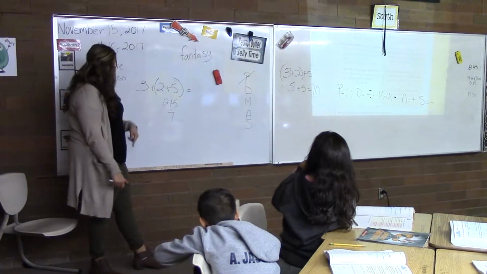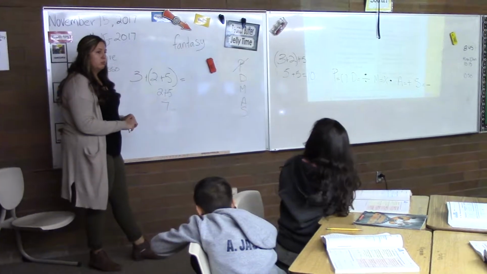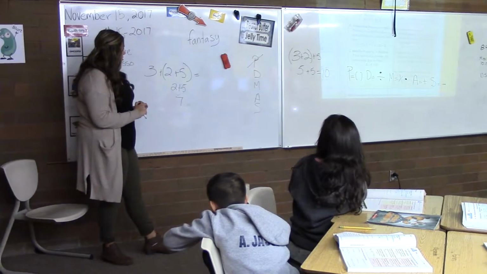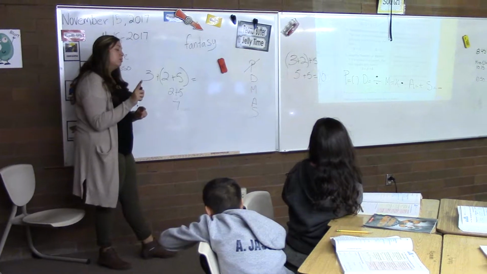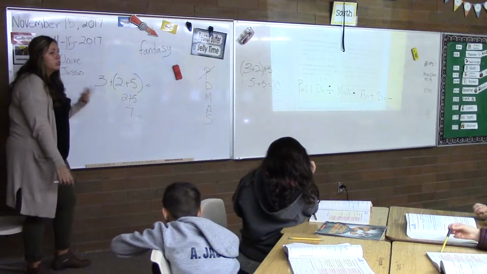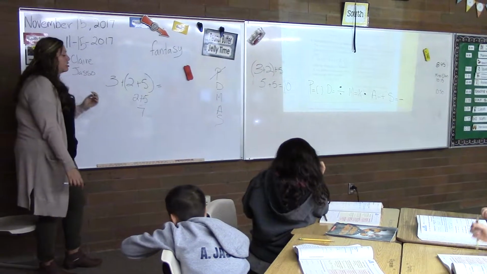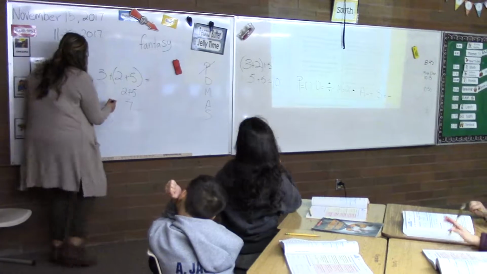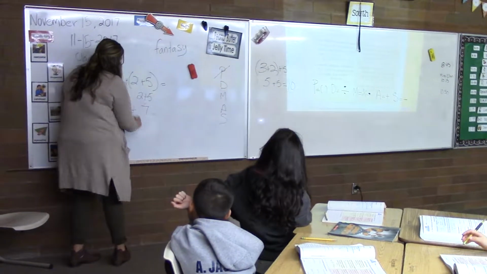You see multiplication? No. Mari, can you help him out? Do you see multiplication? No. Do you see adding? Yes. What else needs to be added? The 3. Anthony, what's 3 plus 7?